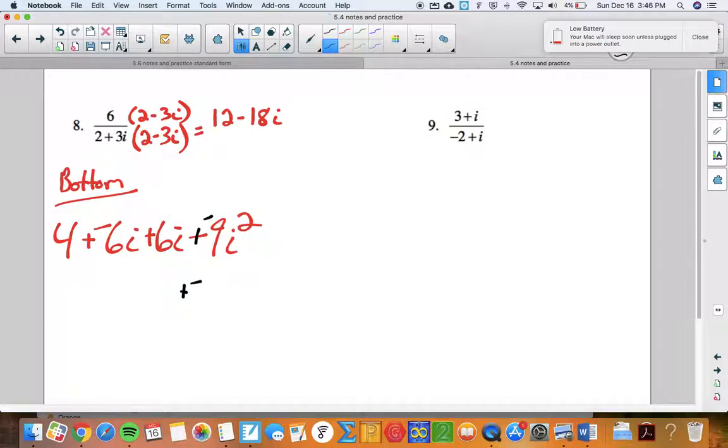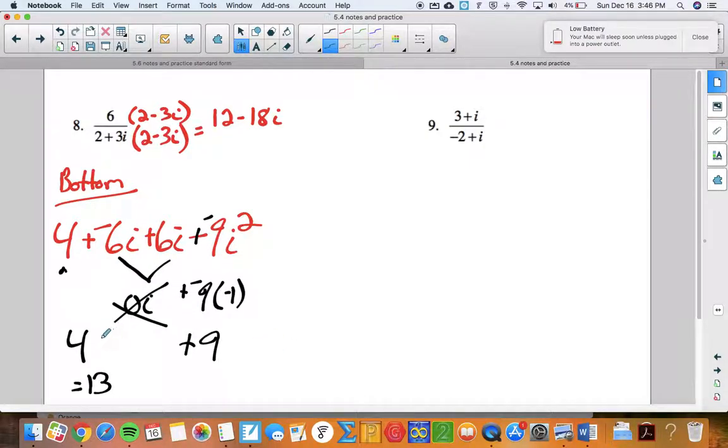So we get plus -9 times -1, which is a +9. We combine that with our 4, which makes 13. In the middle, we have -6i and +6i, and that becomes 0i, which we don't need to write down. So really, the denominator of this problem now is 4 plus 9, which is 13.